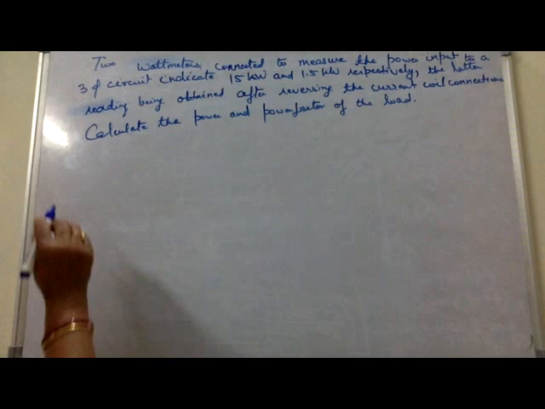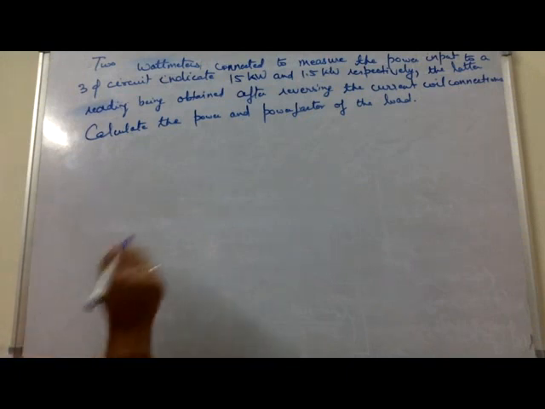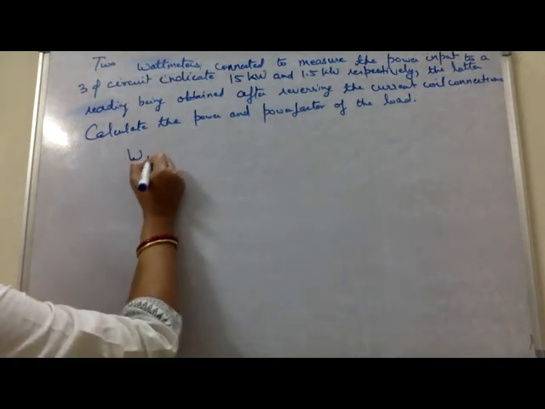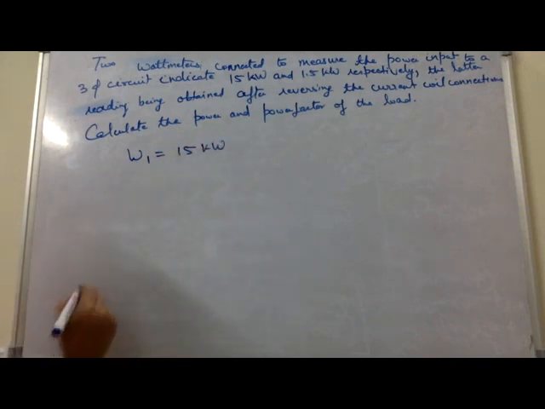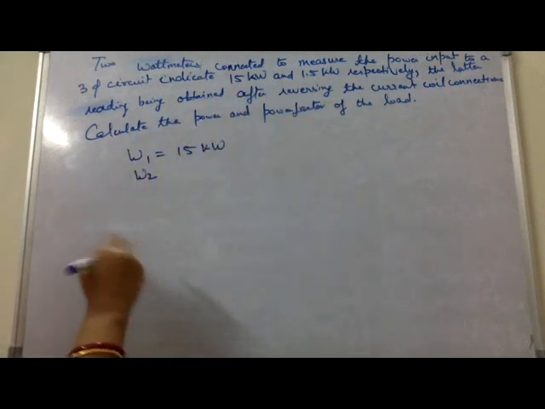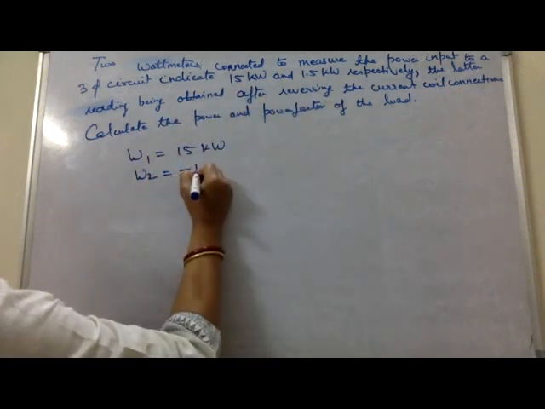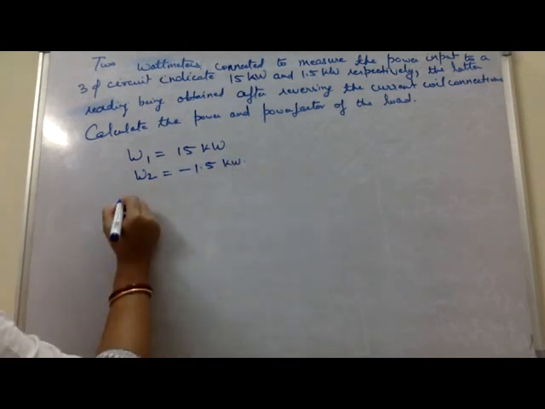Now this means that the two wattmeter method had been used to calculate the total power being consumed by the given circuit. So W1 is equal to 15 kilowatts and W2 was obtained after reversing the current coil. This means it is minus 1.5 kilowatt.